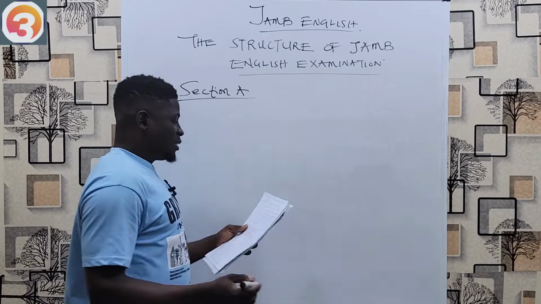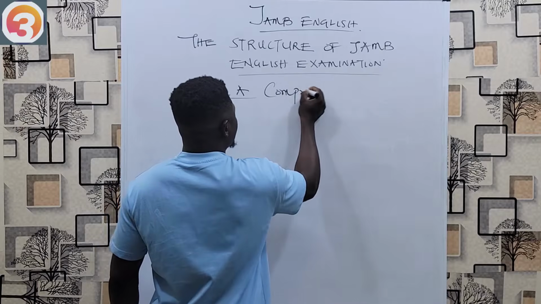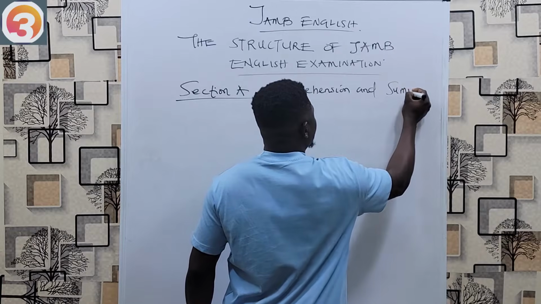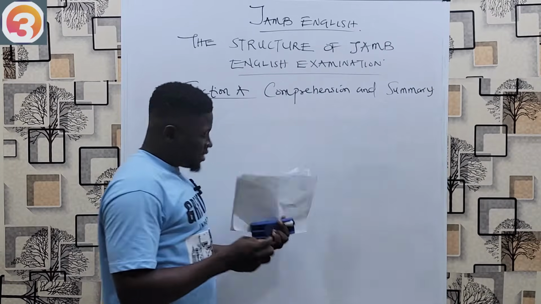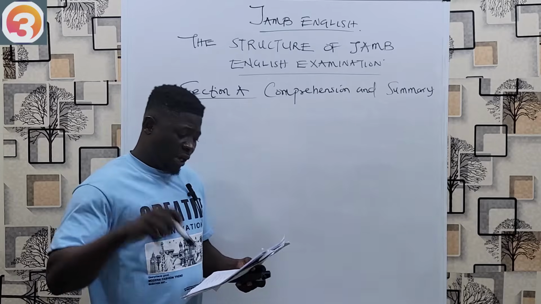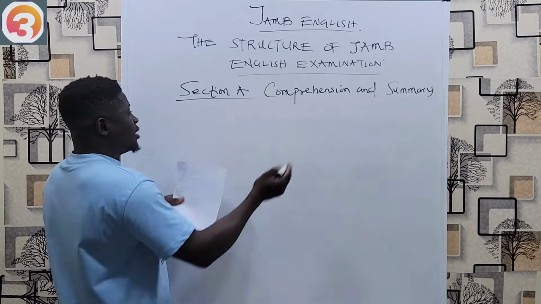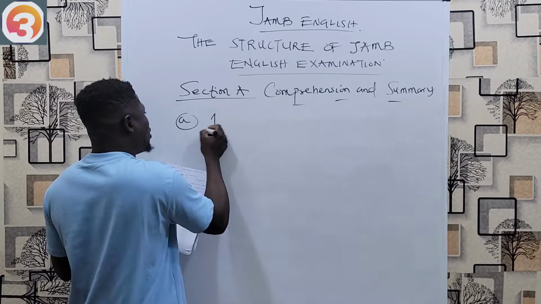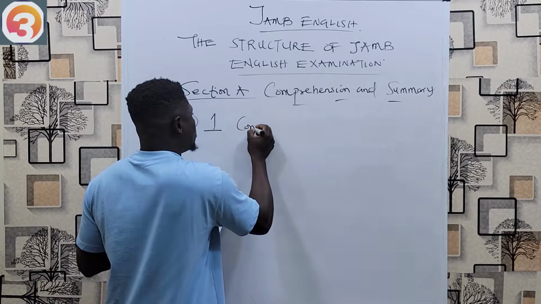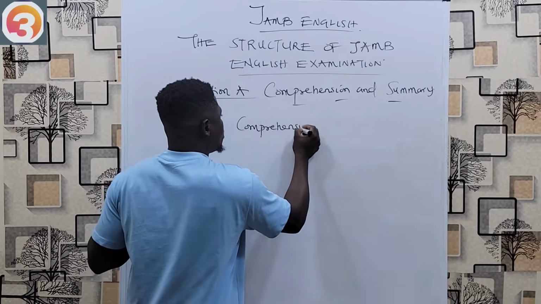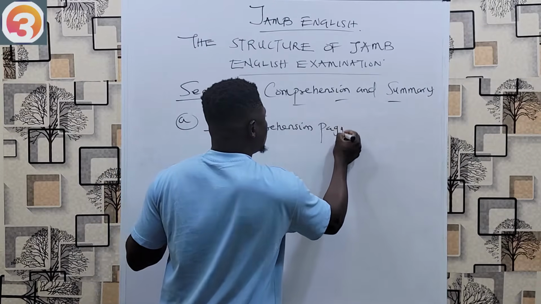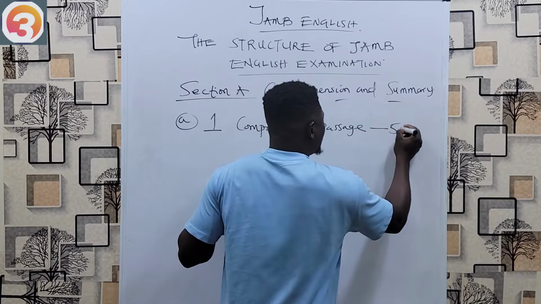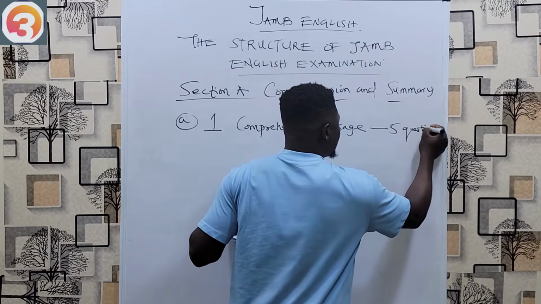Section A is comprehension and summary. Under the comprehension and summary, we are going to have one comprehension passage, and there are going to be 5 questions under it.